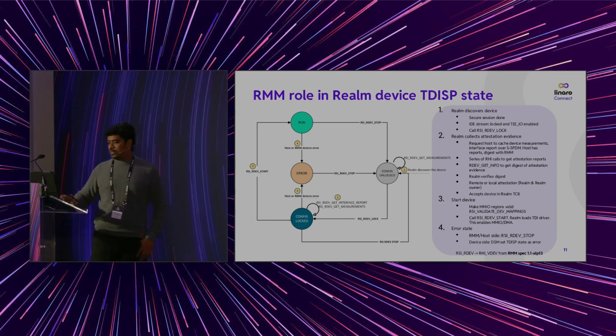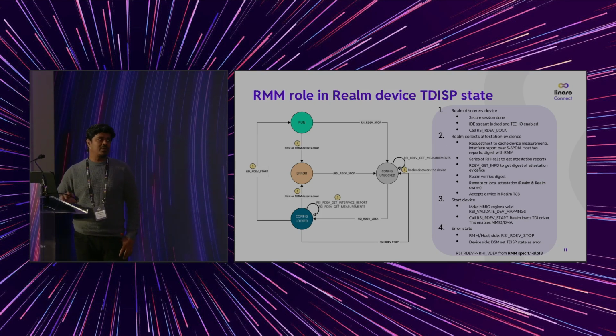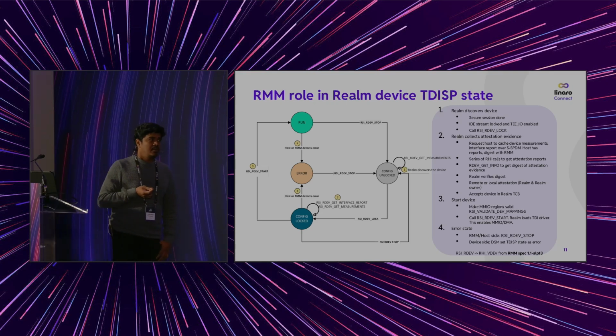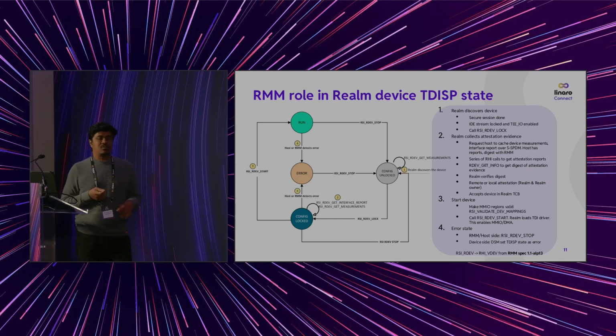Upon moving to the config locked state, the realm can do a series of commands to retrieve the device attestation. It does so by initiating the get interface report as well as the get measurements call. This initiates the same device communication flow and retrieves the relevant objects from the device. The non-secure host has the copy of all the device objects, and RMM has the digest of those device objects.